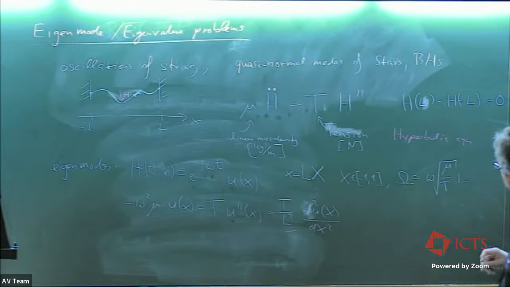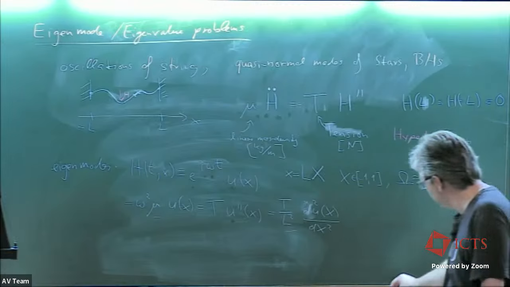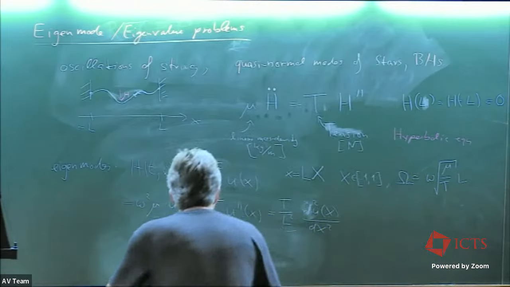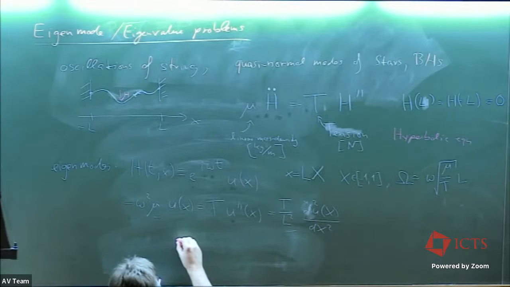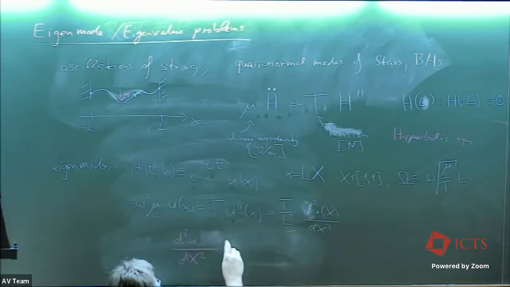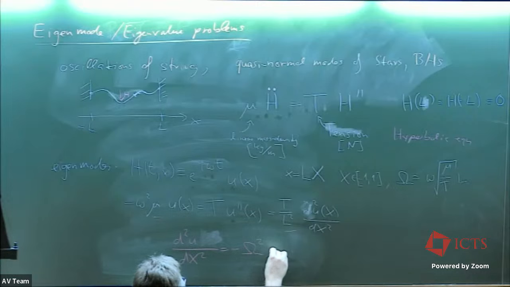And I multiply with L. And if I do this as well, then the equation turns into, finally, d squared u of x dx squared equals minus omega squared u of x.